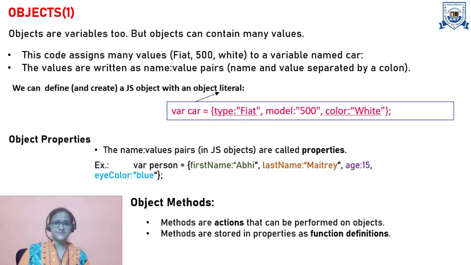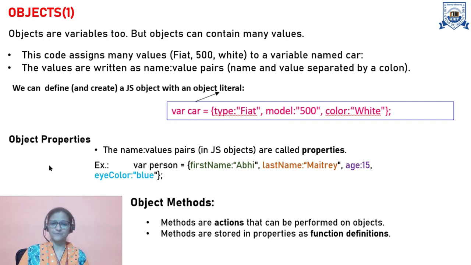So this way, in a single variable, it holds a number of values, but it is not a normal variable. It is an object, though it appears as a variable because it is holding the values. But the difference is a normal variable holds a single value at a time, but this object variable can hold a number of values at a time. So it is more powerful than a normal variable.